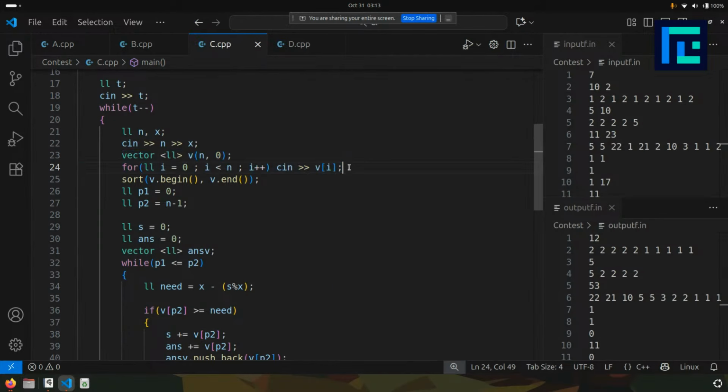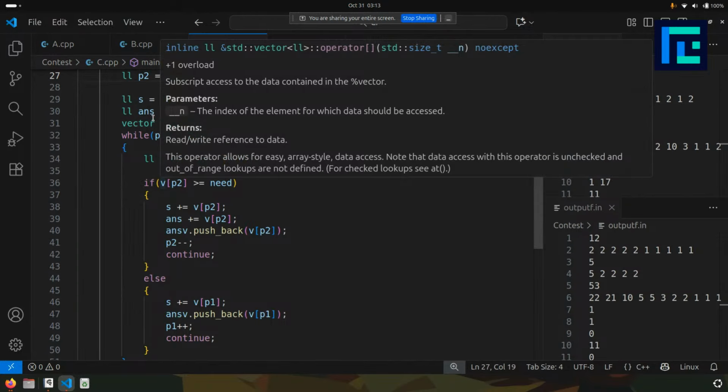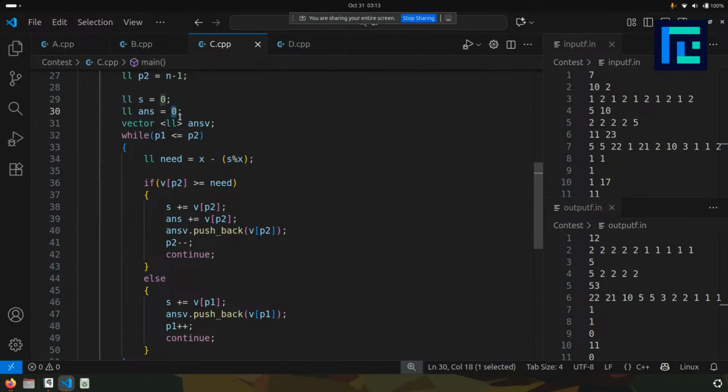So I take input the vector v and I sort it. I maintain 2 pointers P1 and P2, and answer will store the score for me, and answer v vector will store the prices of the items, and S is my score. So basically need is how much do I need to progress to the next level.